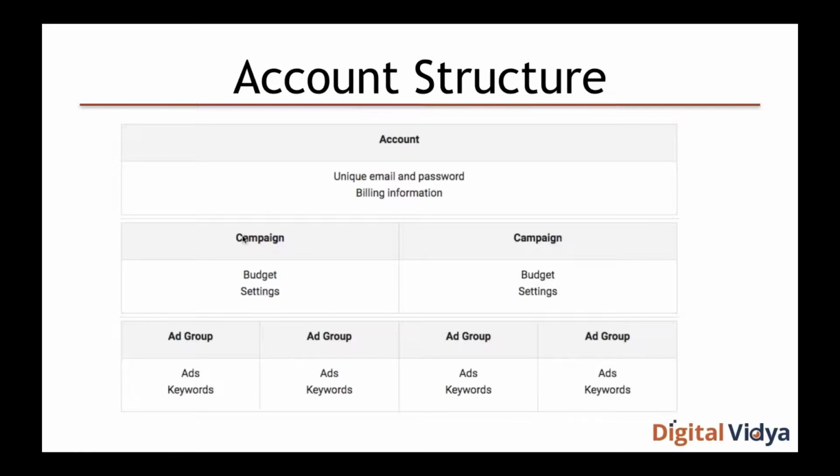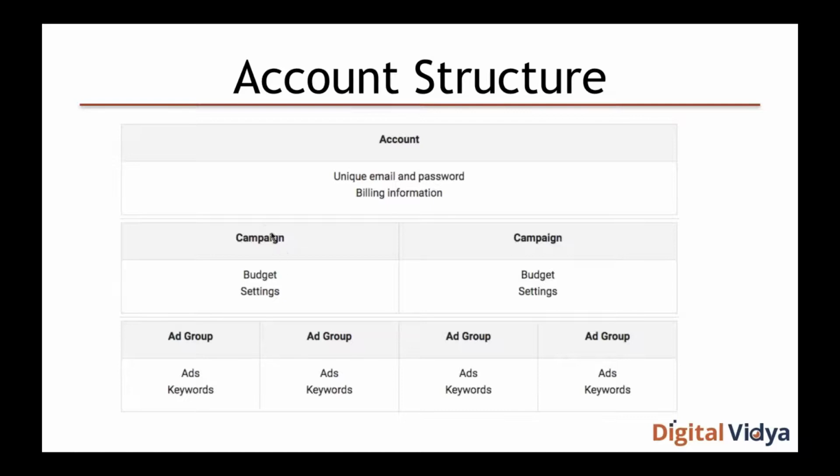I have to first create a campaign, right? At the campaign level, I have to decide where my ads will run, the location, and the budget, how much money overall I will spend on this campaign, the sum total of all my per click amounts.